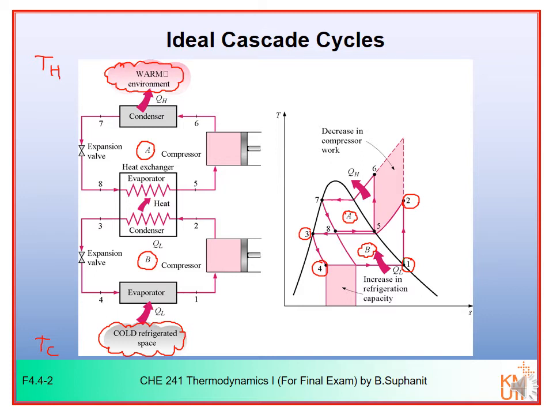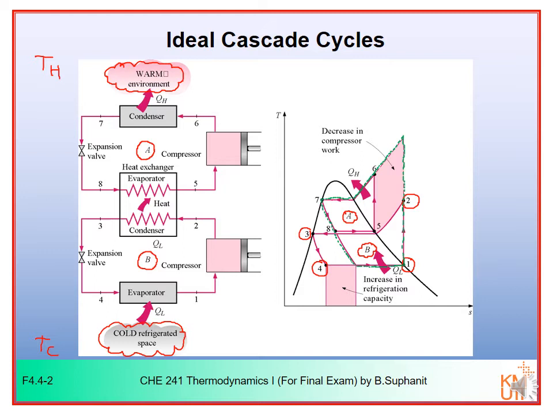It would be from 1, and we compress to a high pressure and temperature, and then we reject the heat through the condenser, like this, and then we flash from the saturated liquid until it reaches the lowest pressure here and absorb the heat again in the evaporator and then continue the cycle.